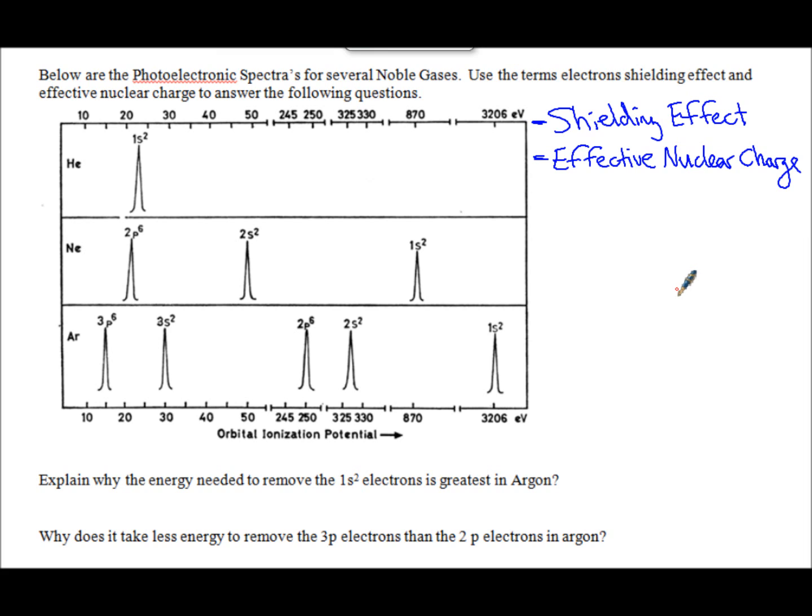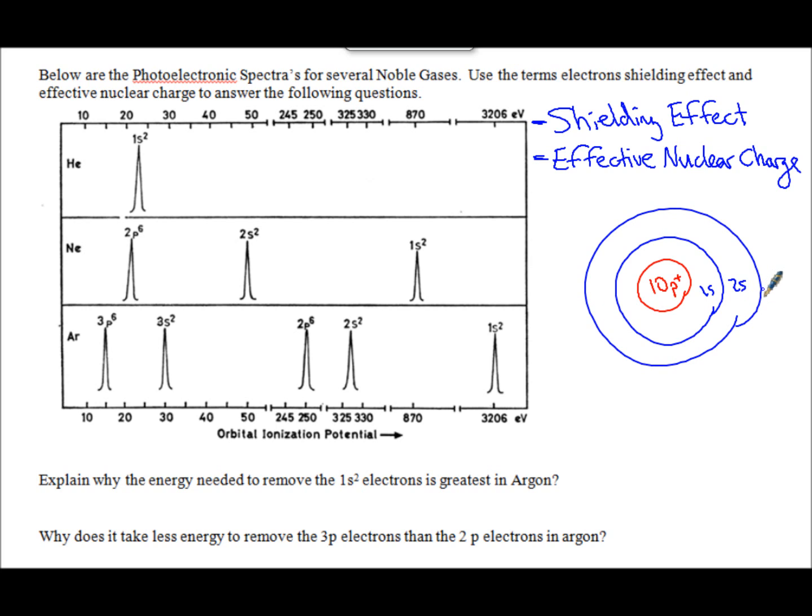So you have an atom, let's say neon. Neon has 10 protons in its nucleus, and then it has these rings of electrons. Let's call that the 1s, and then we have the 2s, and then we have, right about the same energy level, the 2p. So there's 2 things working against each other here.